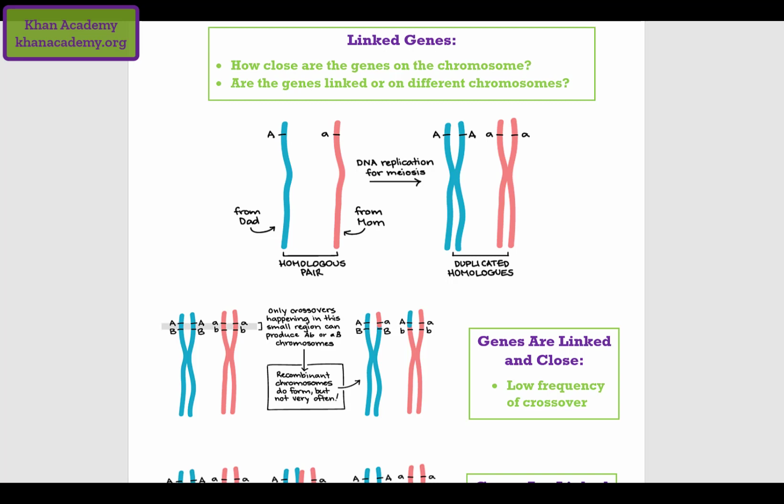Linked genes are genes that are found on the same chromosome. And we study them because they are inherited as a group because they're on the same chromosome. So we have 46 chromosomes, 23 from mom and 23 from dad. And we are diploid because we have these two sets.